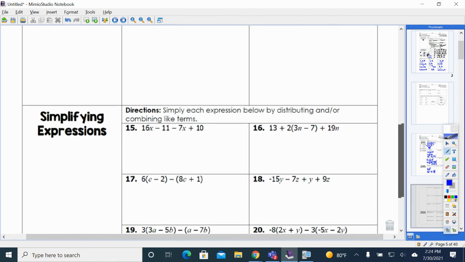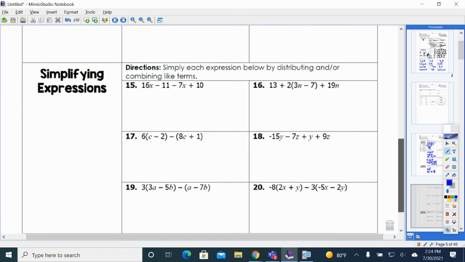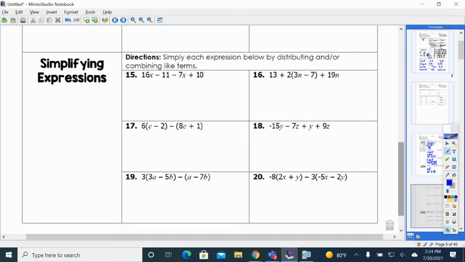I'm going to jump down to simplifying expressions. I'm going to work with you with these examples. The directions here say to simplify each expression below by distributing and or combining like terms. So the main thing that you have to remember about like terms is that we are only allowed to add or subtract like terms.